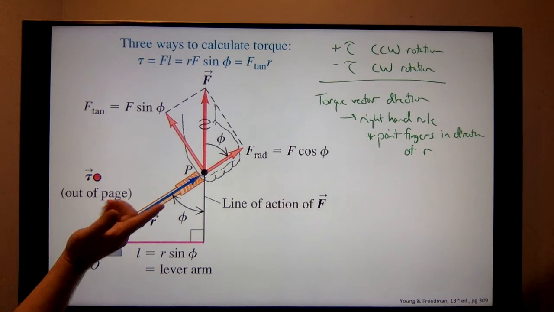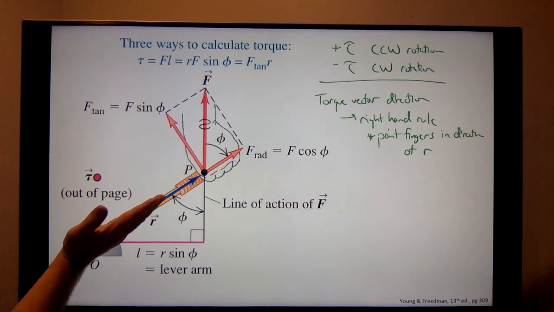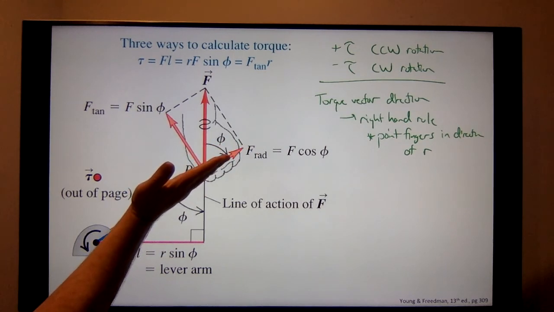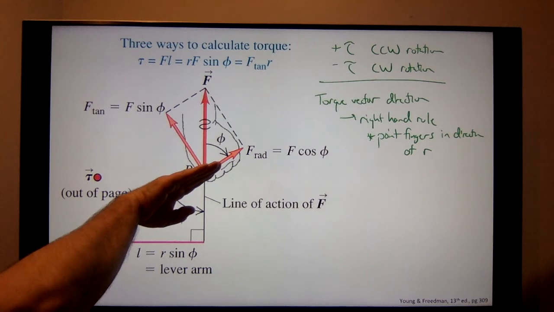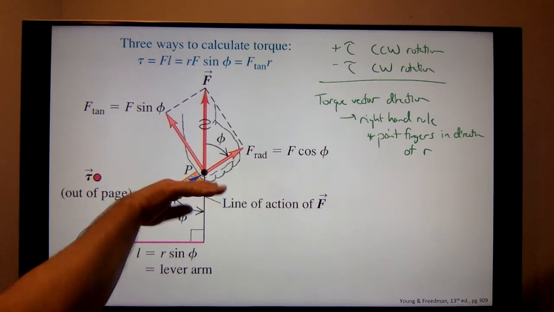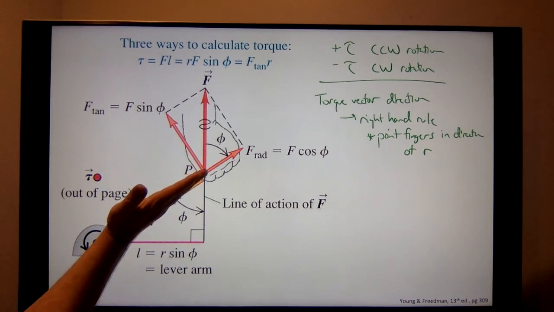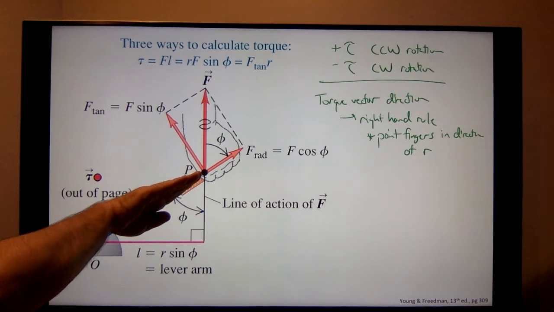Now from there, you can see the force at the top. Notice it's pointing sort of off this direction from R. It's not pointing along the same direction, it's pointing over toward that side. The other option would be for it to be pointing over toward this side. So what I want to do is orient my hand, once I've got my fingers pointing toward R, either this way or this way.